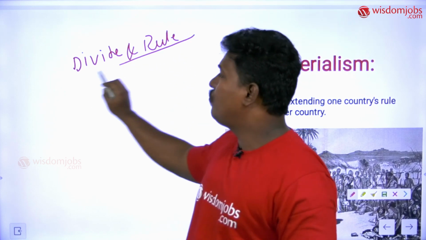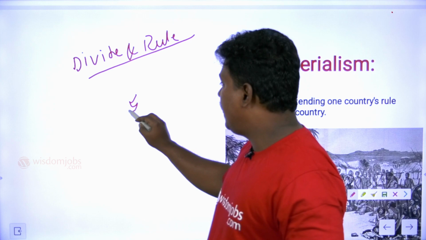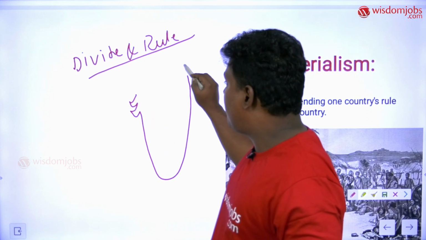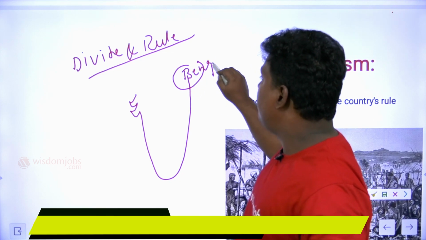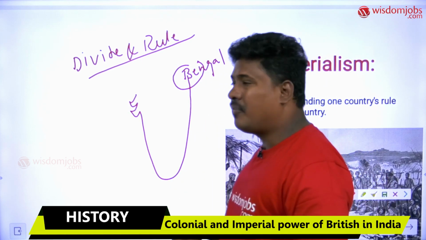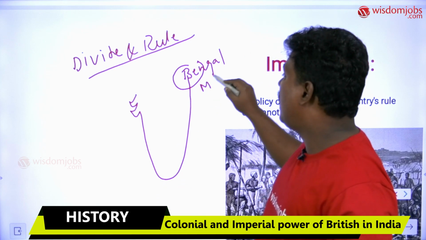This is also a beautiful policy. When the nationalistic feelings were increasing in the minds of the Indians, mainly from Bengal. Why? Bengal is a place of both Muslims and Hindus.